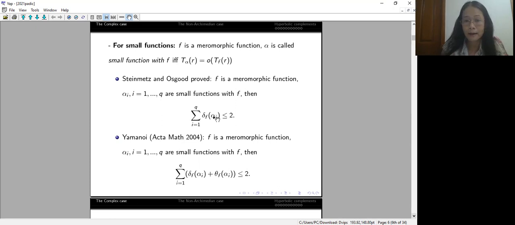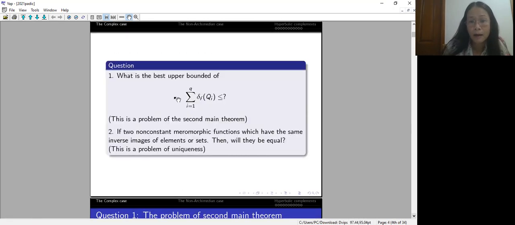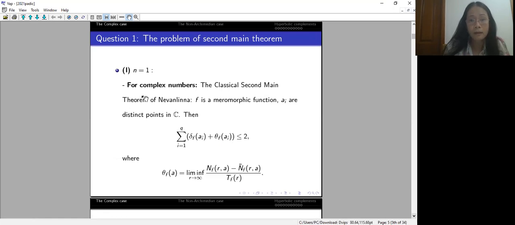And you can see here, they only consider delta f, but in the case of complex numbers, the stronger result can add something more, which can ignore multiplicity.